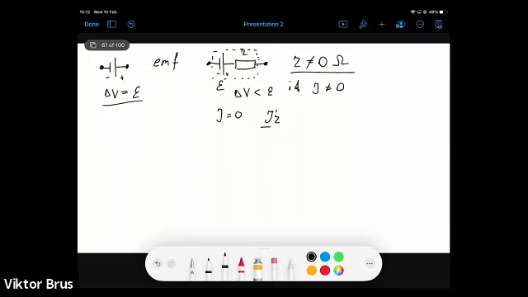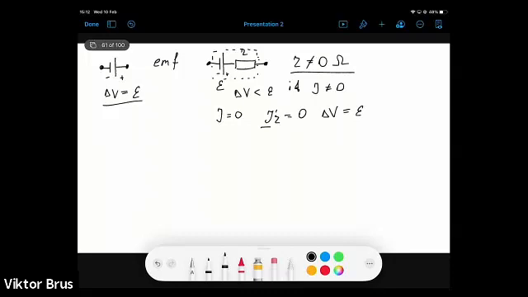Since current is equal to 0, this product is also equal to 0. And in this particular case, the potential difference at the terminals of the battery will be equal to its electromotive force. However, it was only under open circuit condition, and that is not a working condition because voltage is high.